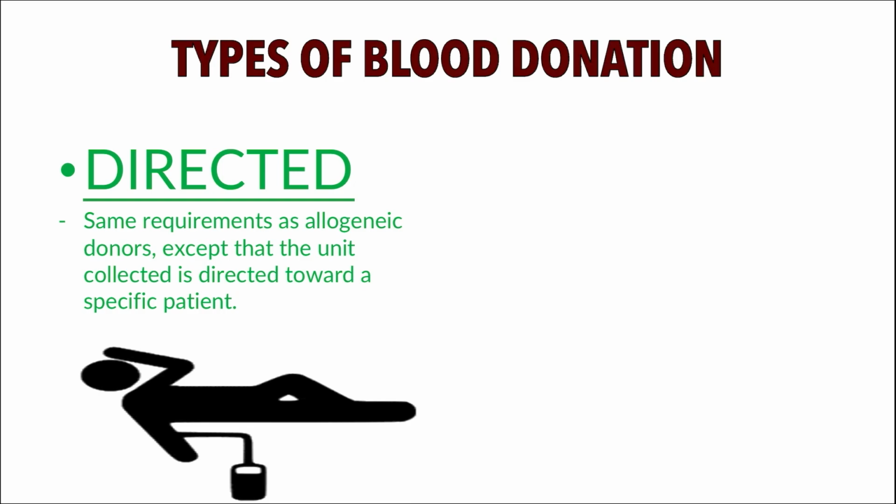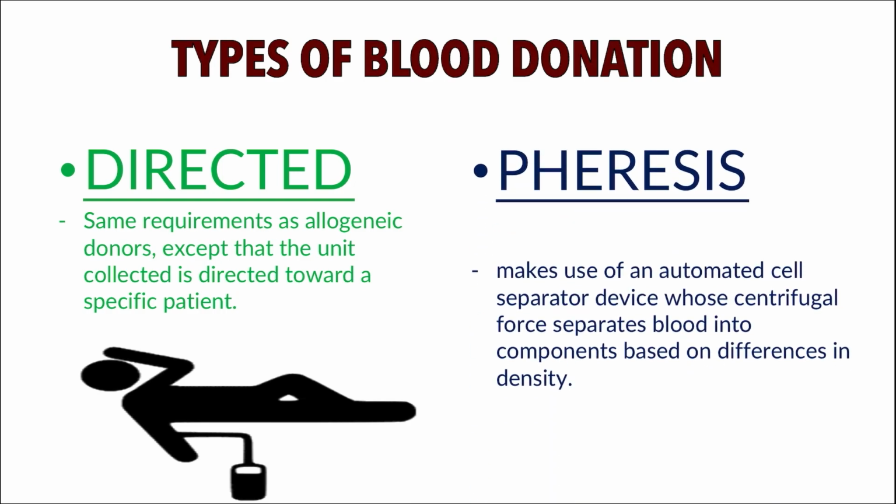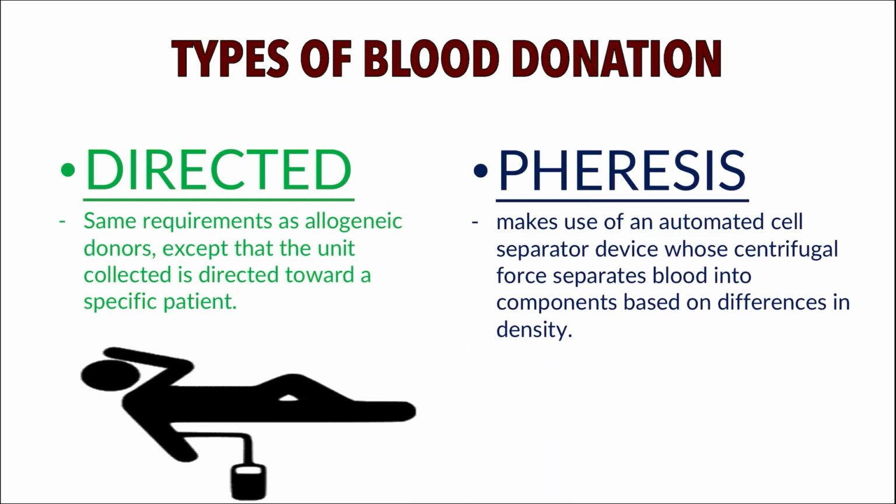But apheresis, again, makes use of an automated cell separator device whose centrifugal force separates blood into components based on differences in density. For example, if you need only the platelet, that is platelet pheresis. If you need only the plasma, that is plasma pheresis.